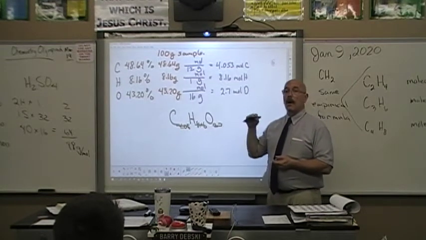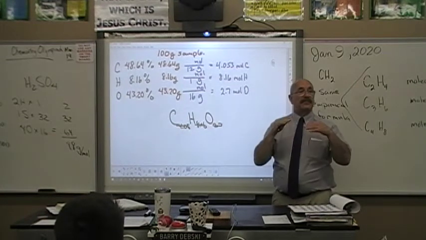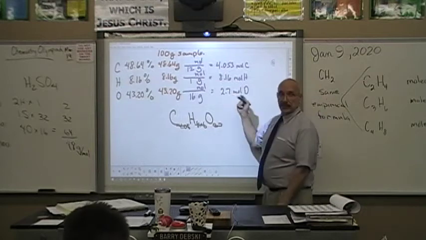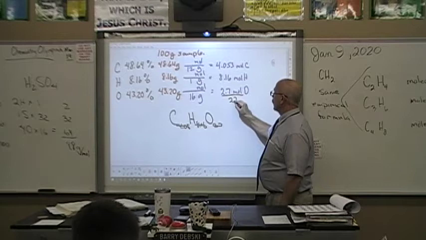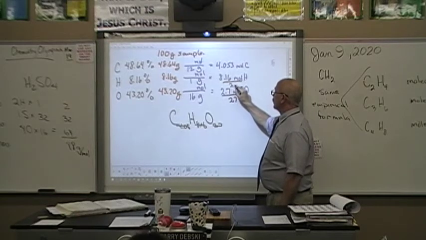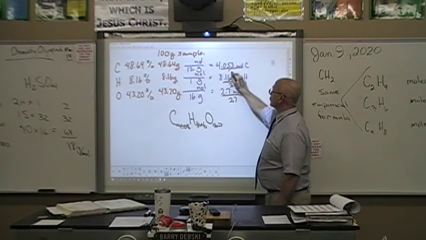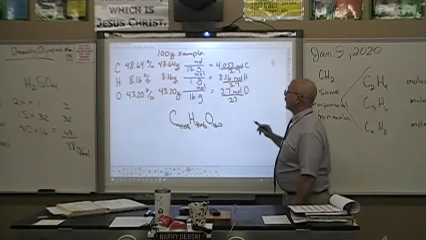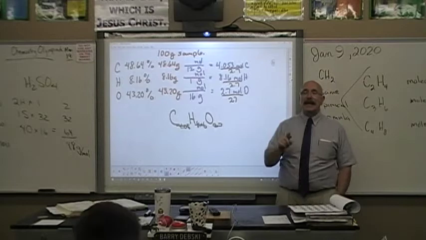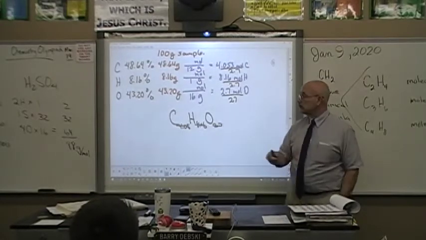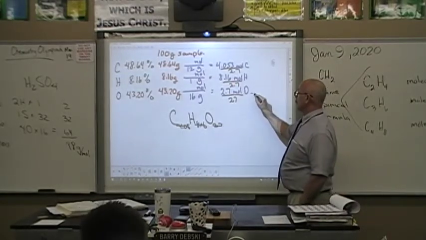I'm going to divide all 3 of them by 2.7. At the very least, that's going to change this to a 1. Okay, so I divide by 2.7, I divide by 2.7, I divide by 2.7. Now, what that's going to do for me is at least change one of these into a 1. It's going to change my oxygen into a 1.